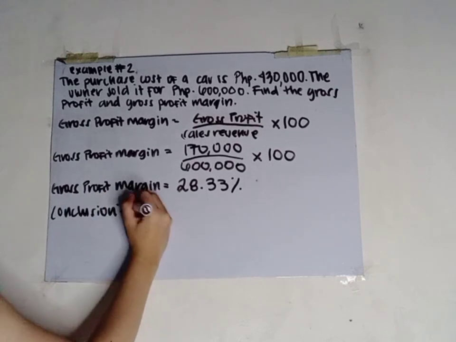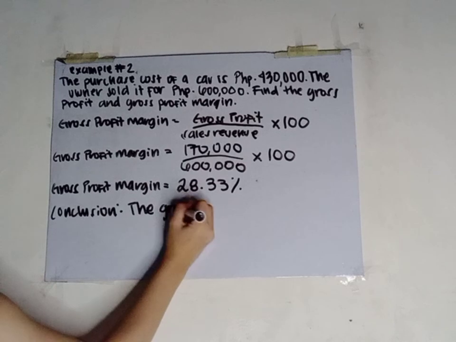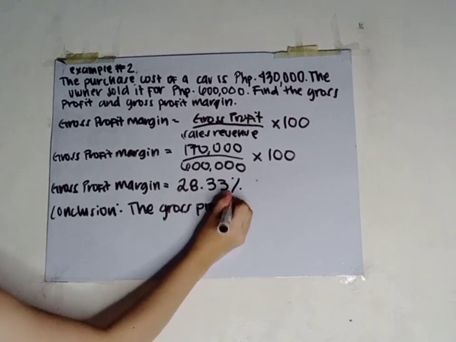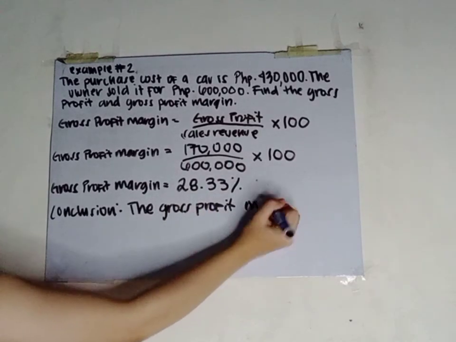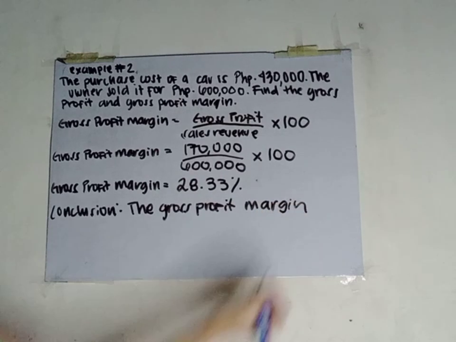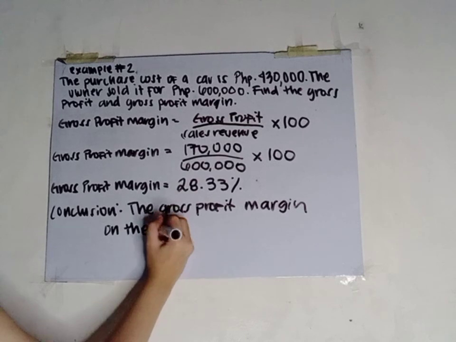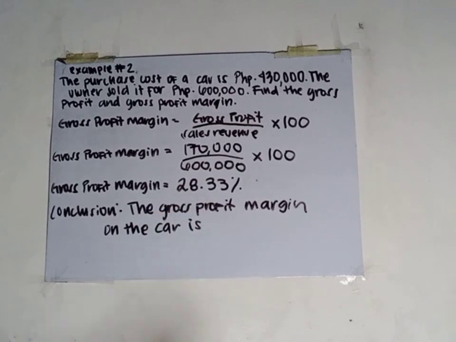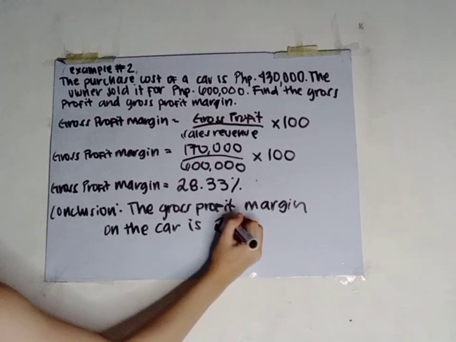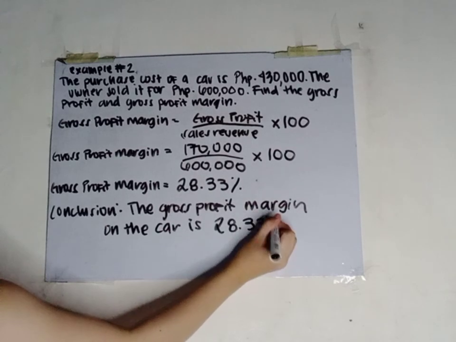So the conclusion, the gross profit margin on the car is 28.33%.